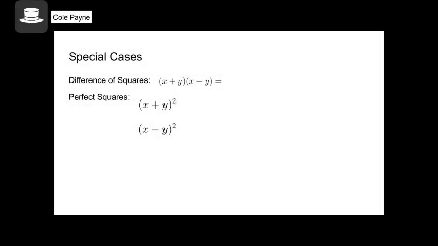Okay, so now I want to show you just a few forms of special type quadratics. The first one we have is a difference of squares. If we apply our FOIL method, I do x times x is x squared. Then I have x times negative y, so negative xy.